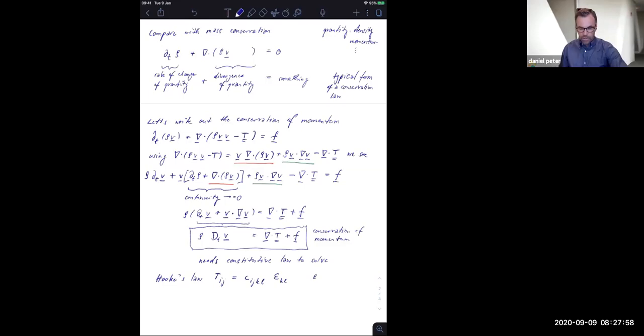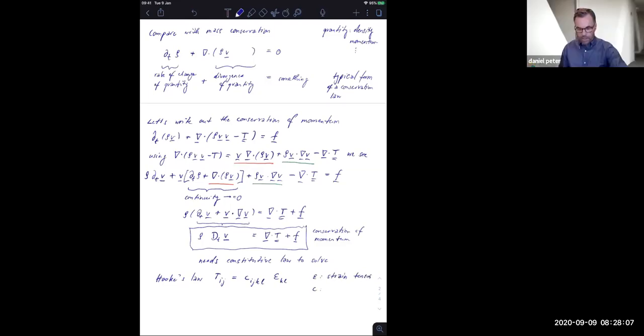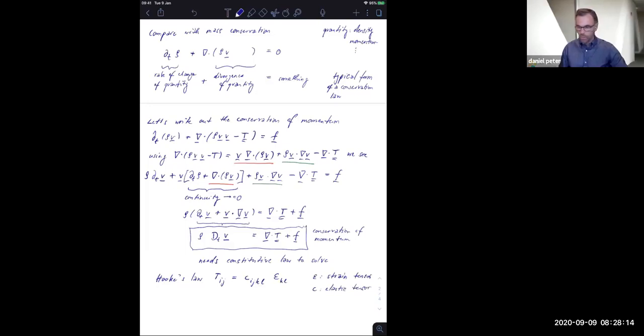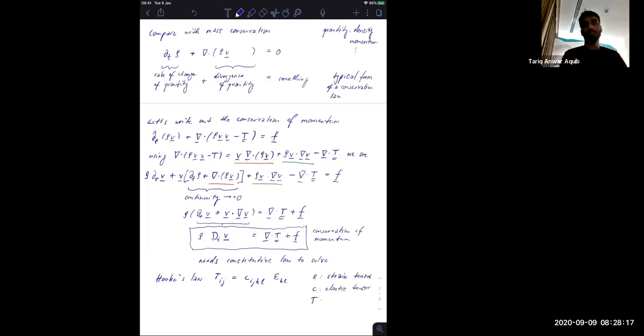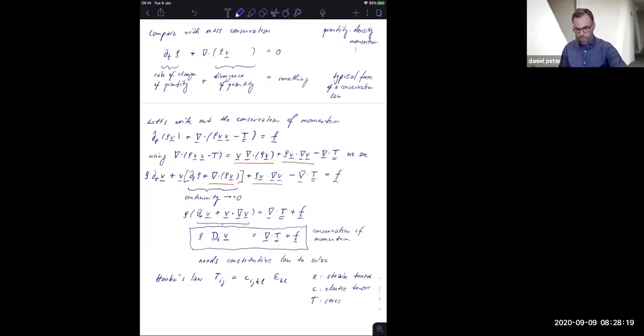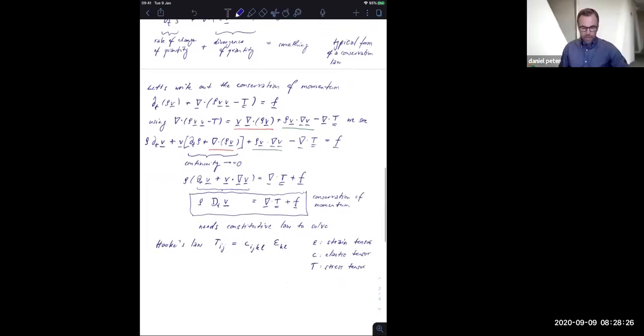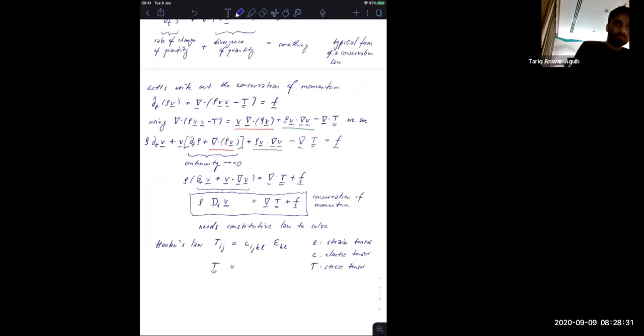So epsilon is the strain tensor. C is the elastic tensor. And T you saw before, that's the stress tensor. So Hooke's law relates stress to strain. And instead of index notation, in a vector notation we use these bars basically.